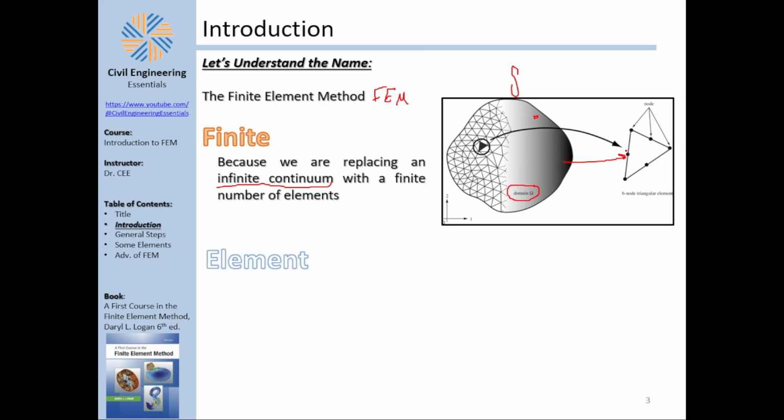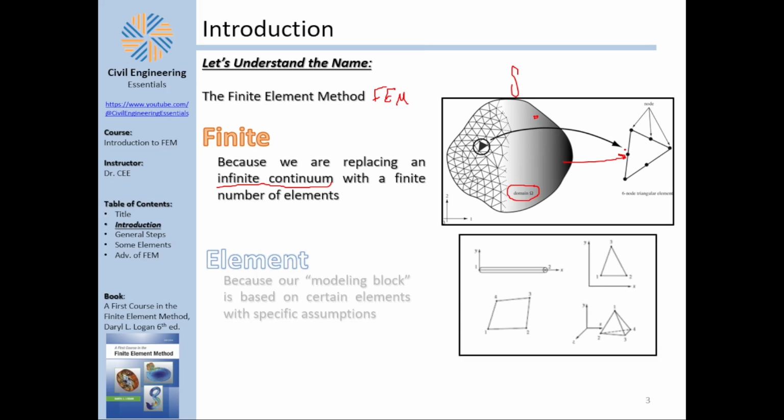When you discretize a continuum, you have some elements to choose from: linear elements, planar elements, and even volumetric elements, and those elements are our building blocks, and that's why it's called the finite element method. And why method? Because it's a method, so there is nothing to explain here. So this is why it's called the finite element method and the idea behind it.